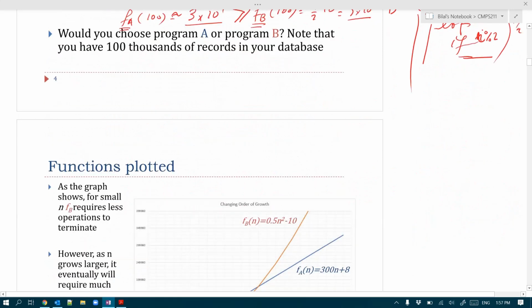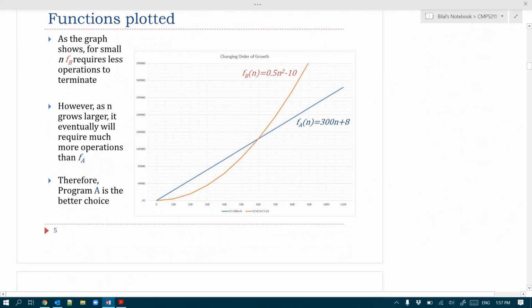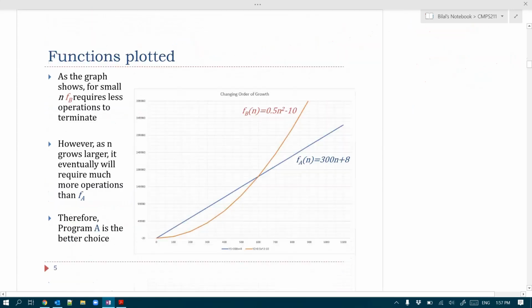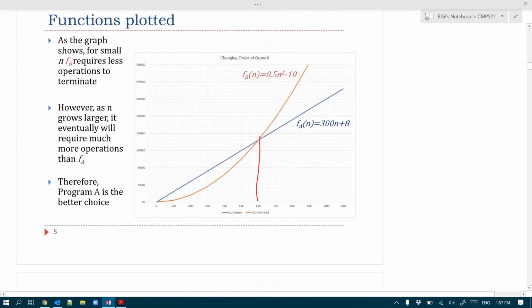But if you plot the graphs of your two functions, you notice that starting from a certain threshold, which happens to be around 600 here, the function B would increase much more than A. From that specific point, FB of n dominates FA of n, which means that the runtime of algorithm B would be much greater than the runtime of algorithm A, given the same machine specifications.